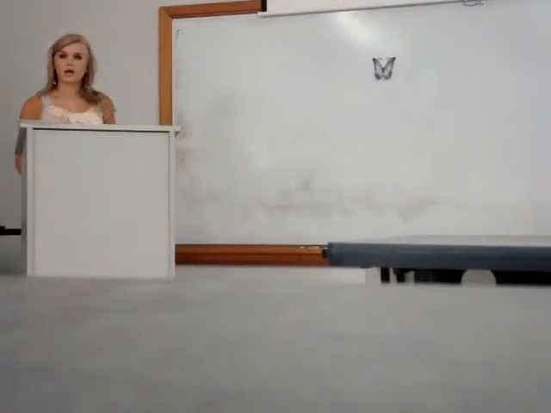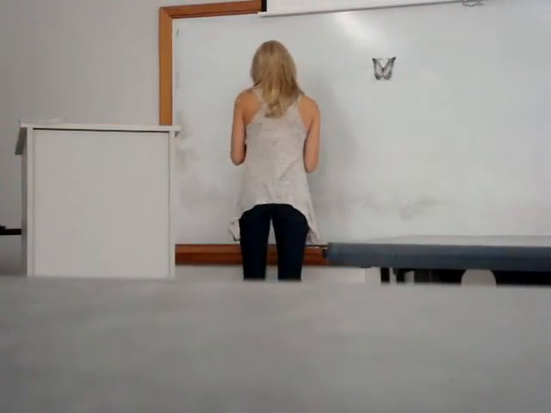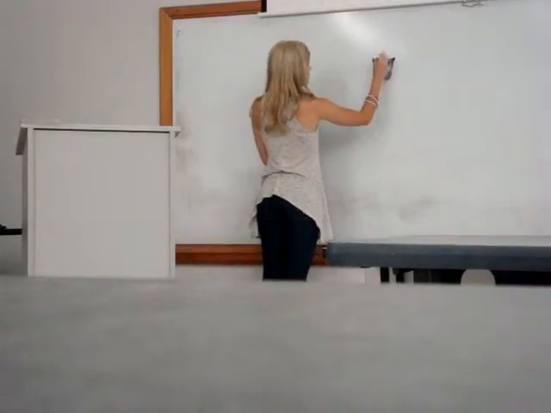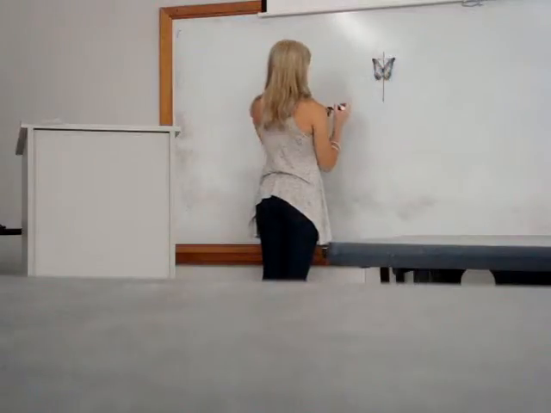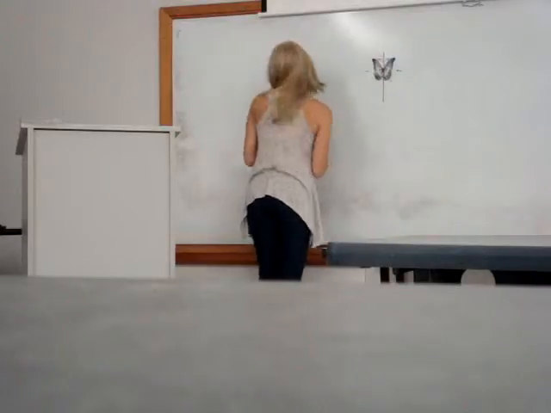If I were to draw a line directly down the middle of this butterfly, it would have what we call line symmetry. So if I go straight down the middle, it's going to be the same size and the same shape on each side. What this means is that each side is going to be exactly the same.